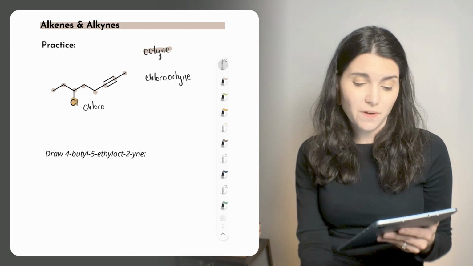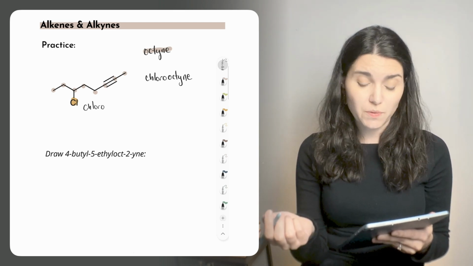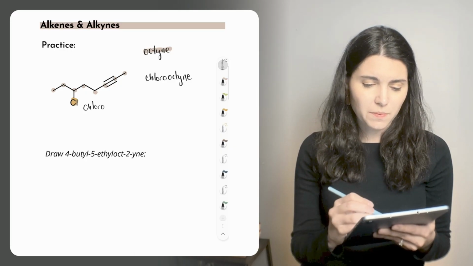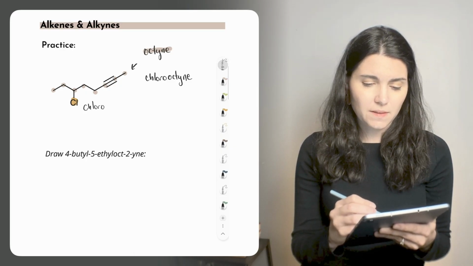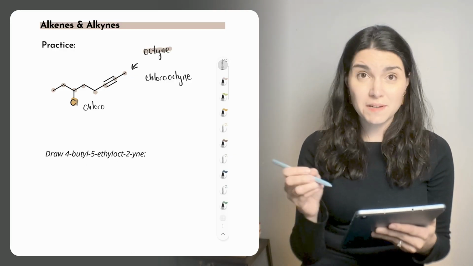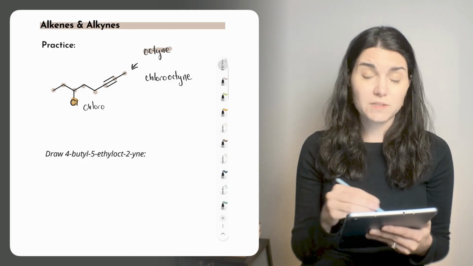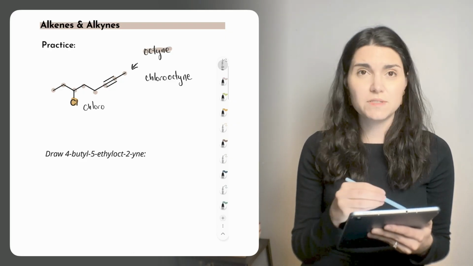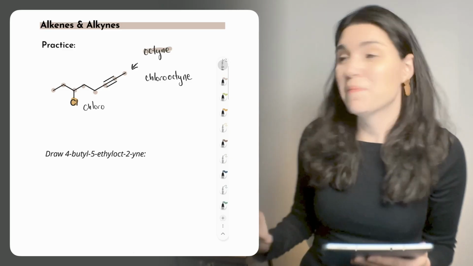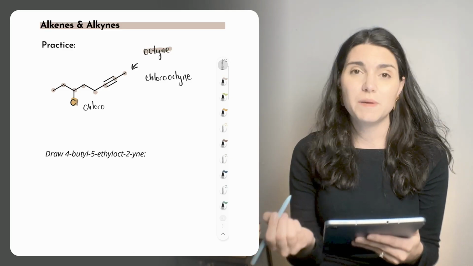Now we're going to find the locants. So we have to prioritize the triple bond in our numbering. So we can see already that the triple bond is closer to this end of the long chain. So we're just going to number from this end because we know that that's going to give the lower numbering to the triple bond. And we can tell that if we start from the other side, it would be a higher number.